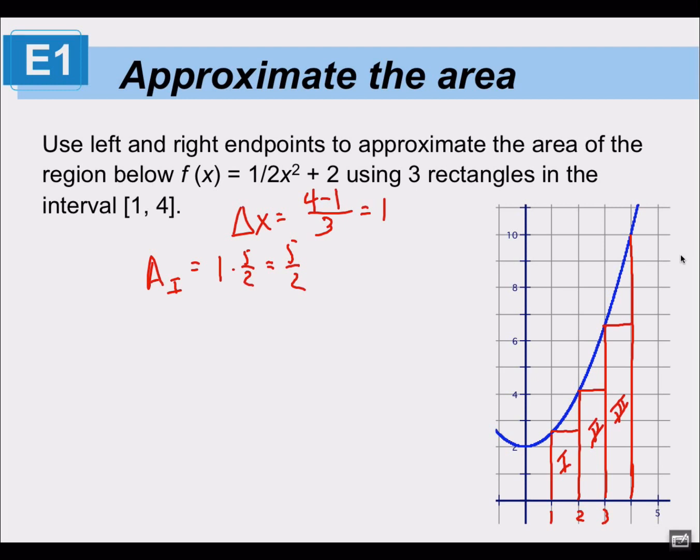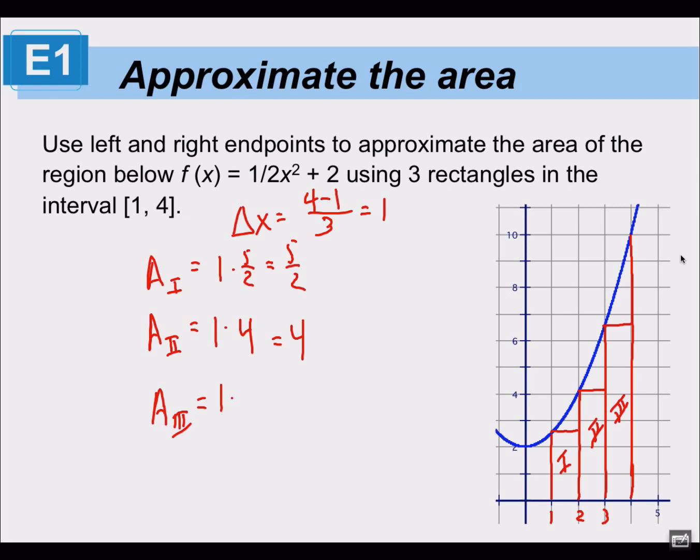Any problems there? Okay, what's the area of 2? Same width. And 2 I found by doing f of 2. So f of 2 would be 4. And then the area of region 3, 1 times f of 3.